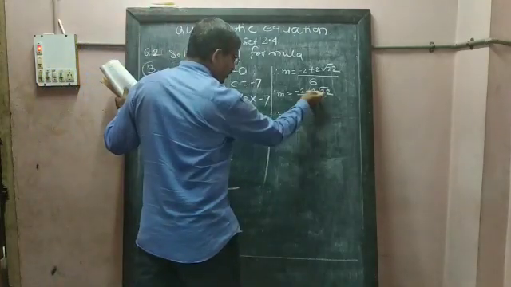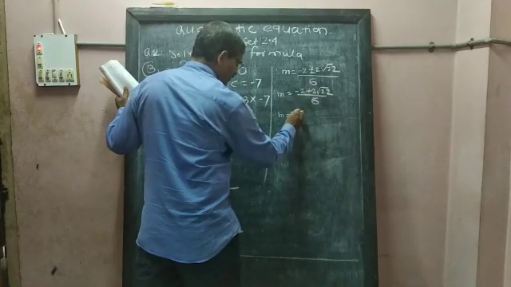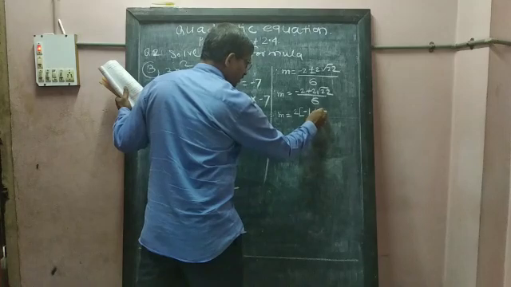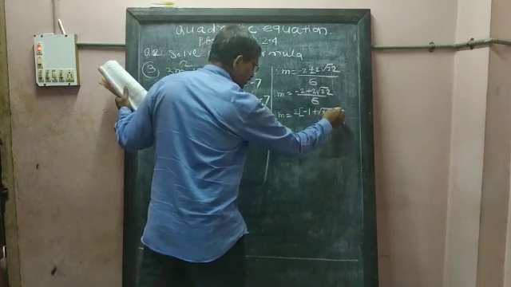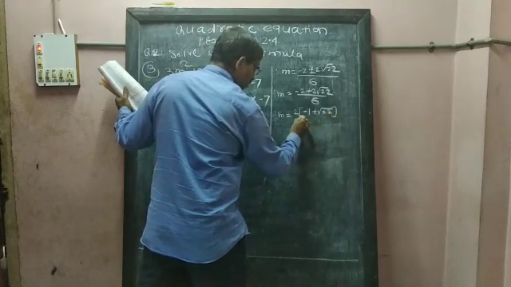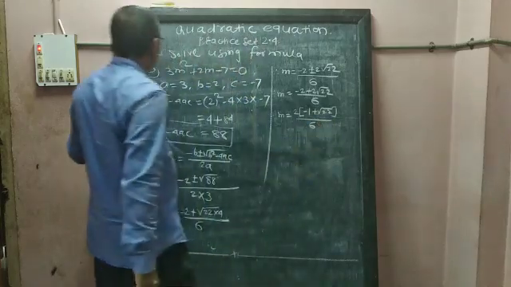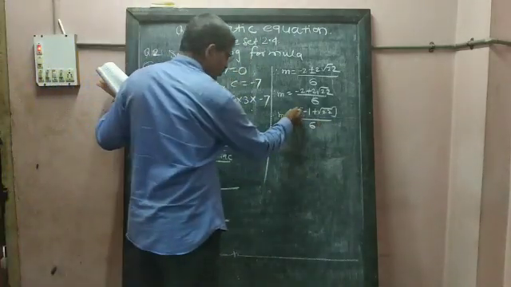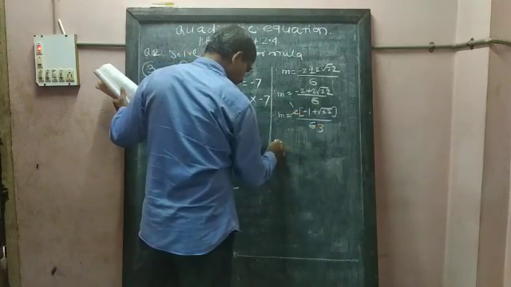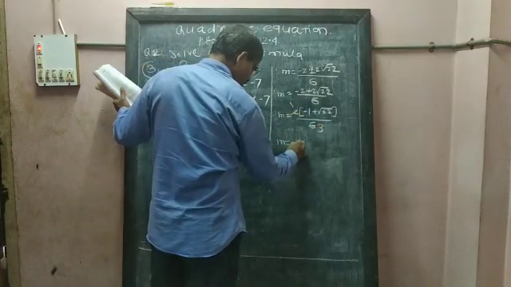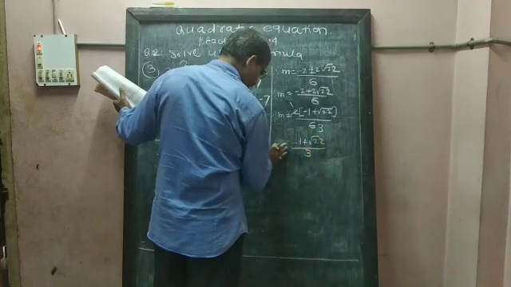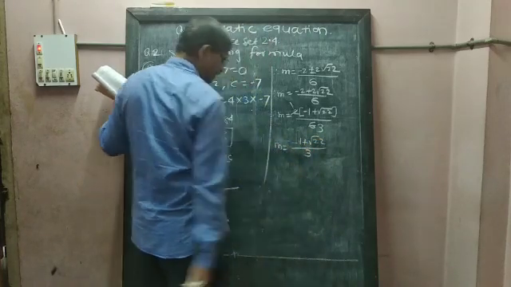M is equal to, taking 2 common, here becoming minus 1 plus under root 22 upon 6. Now you can take it in reduced form, 2 1s are 2, 3s are 6, so m is equal to minus 1 plus under root 22 upon 3, which is one of the answers.